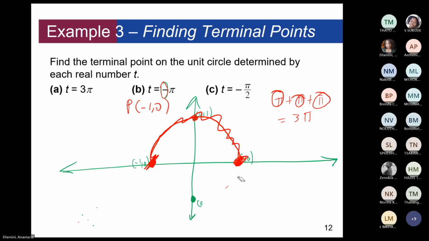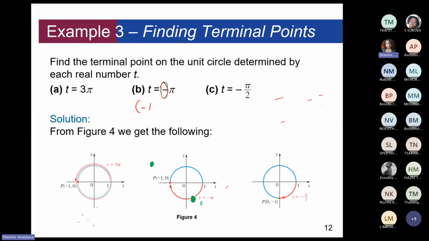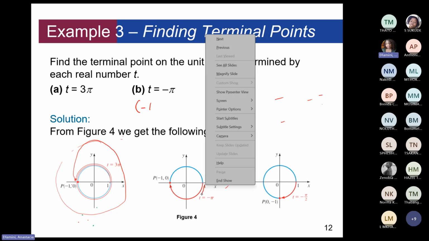Okay, so let's see the answers, what they're saying. They're saying that from figure 4, we get the following. We started here, we moved all around, and we came back to that point. And then for negative pi, we moved from this direction, and we were there.